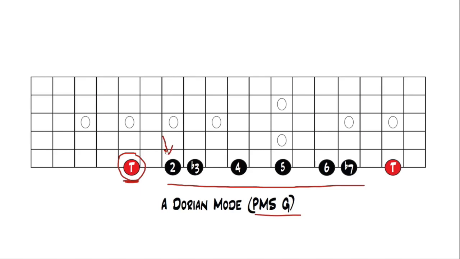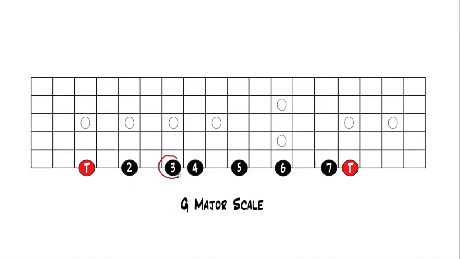But this second note, which in A Dorian is B, is now a major second interval compared to this new tonic instead of being a major third compared to the tonic of the G major scale. So this is still a B note, but now for A Dorian, I'm relating this B note to this note as my tonic instead of the tonic of the major scale.